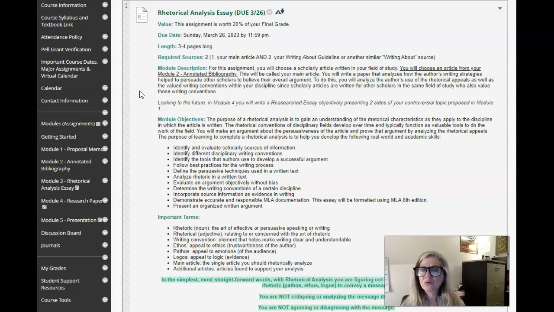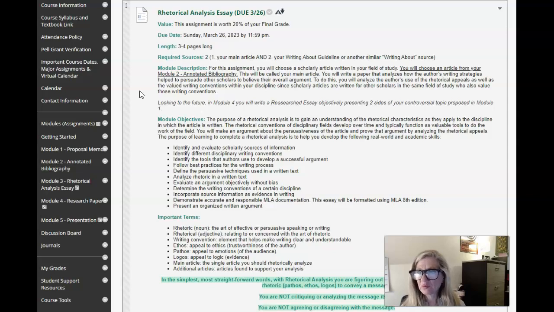In order to be able to analyze rhetoric, persuasive language, so let's start there. Rhetoric is persuasive language. In order to be able to analyze rhetoric, you have to know who the audience is. So, way back in the very first week of this semester, you were asked to go and find your writing about guideline at App State for your profession. And I told you, I wrote back in early February, that you would use that later on.